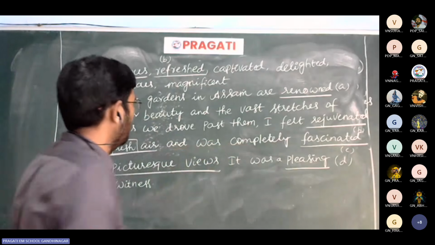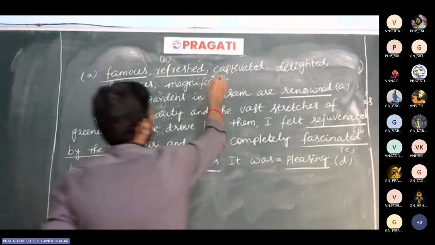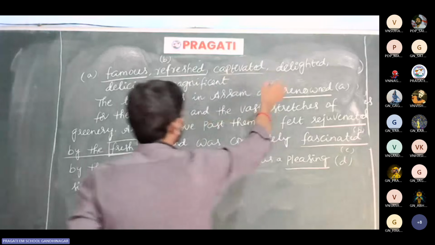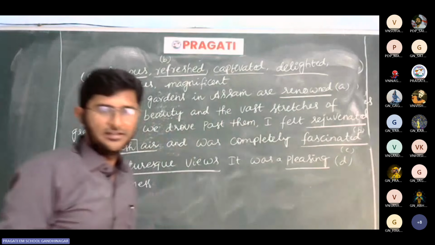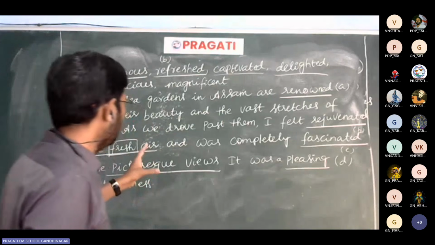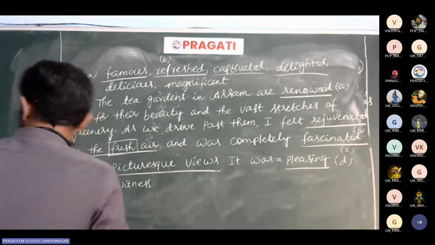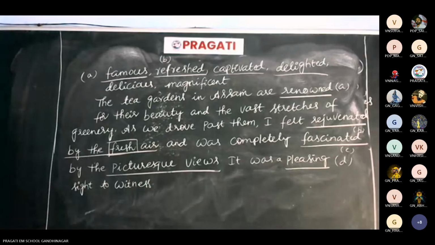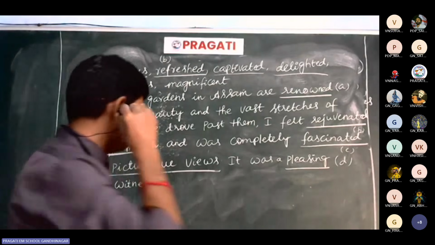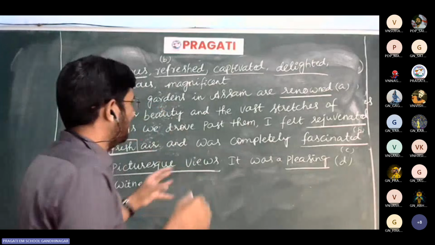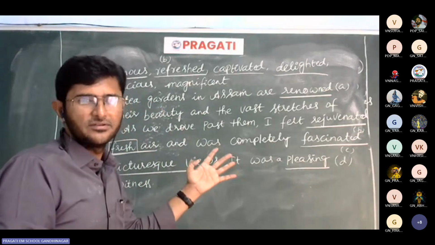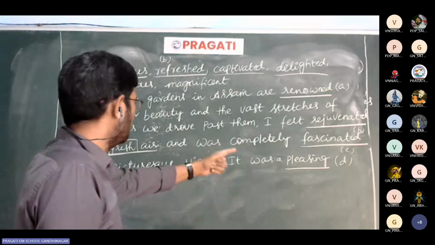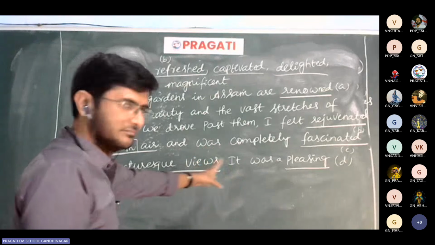In the place of fascinated, you might think captivated will fit there and delighted also fits there, right? So you can be captivated by the picturesque view. You can be captivated and you can also be delighted, right? So when both the options fit there, you have to go for the last one.